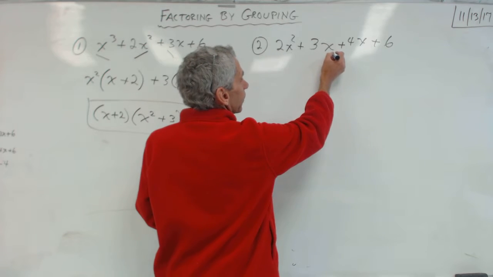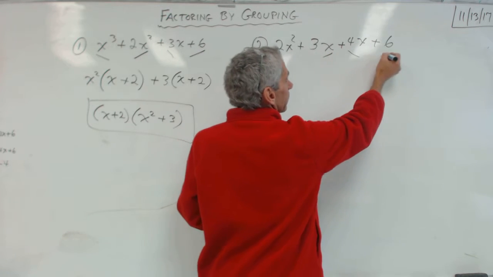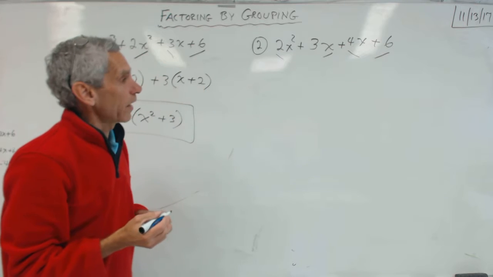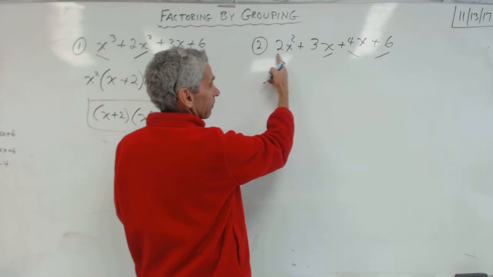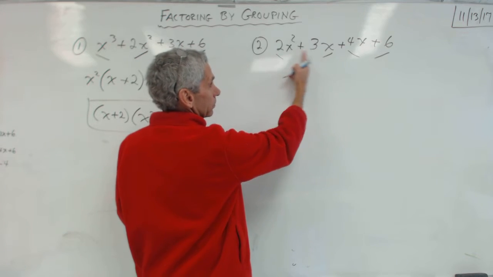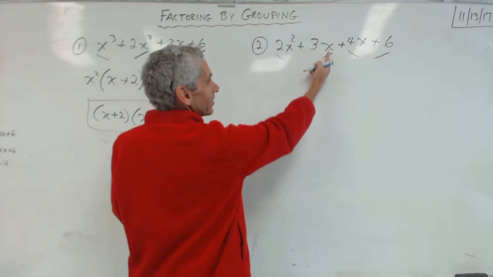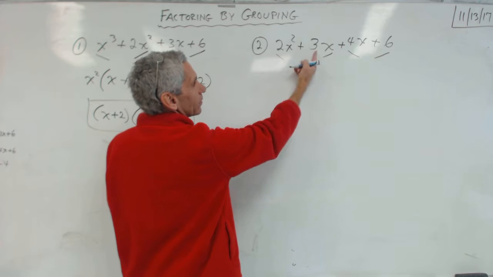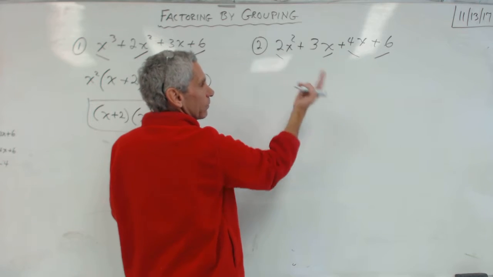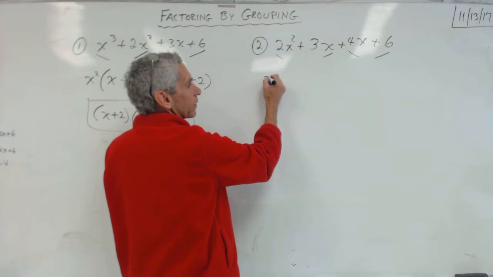So immediately I'm going to try factoring by grouping. What could I take out of this? Just the x, because nothing goes into 2 and 3 besides 1. So I'm just going to take out an x.